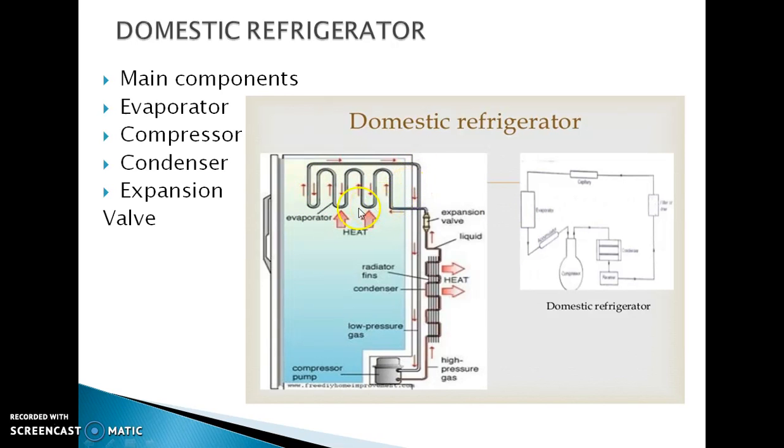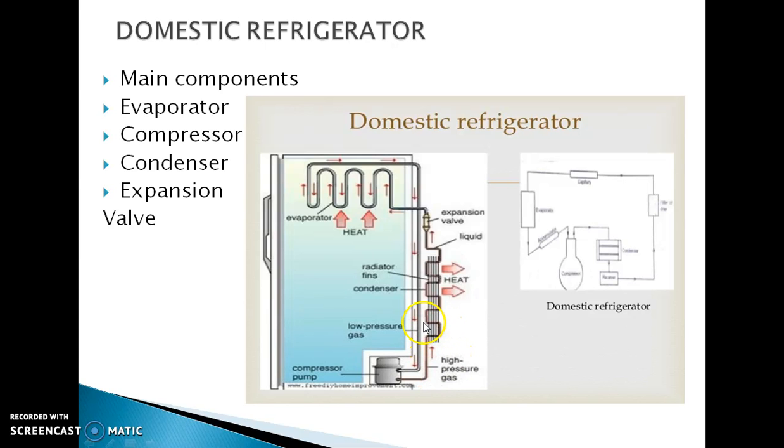Generally the evaporator is located in the freezer section, where the heat is absorbed from the surrounding by the refrigerant, and then the refrigerant is supplied to a compressor. In the compressor, the refrigerant is compressed to a high pressure and high temperature refrigerant.